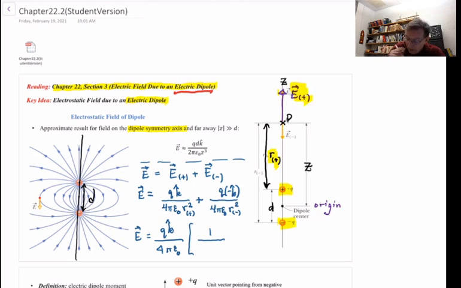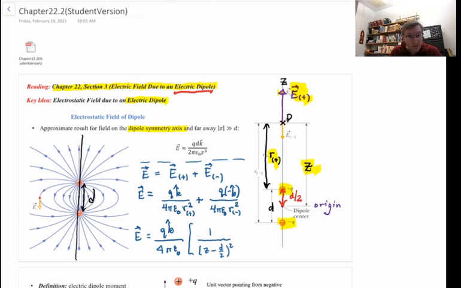Here's how I'm going to denote it. R plus is equal to the z value minus that distance right there from the origin to the plus charge, which is d over 2. So R plus is actually z minus d over 2, and I have to square that quantity.